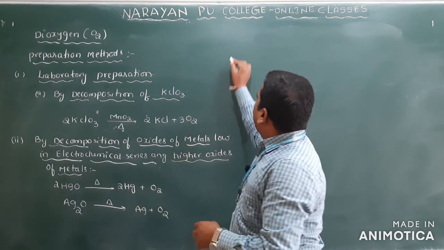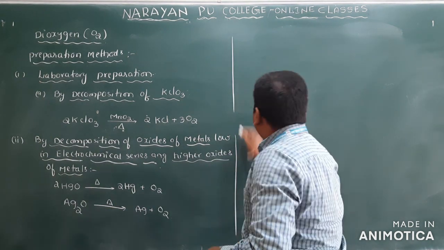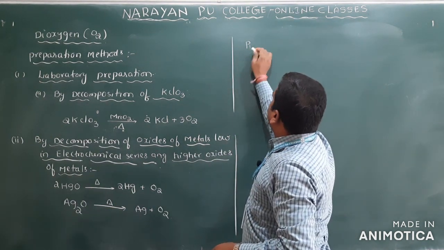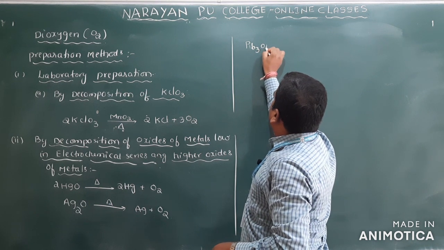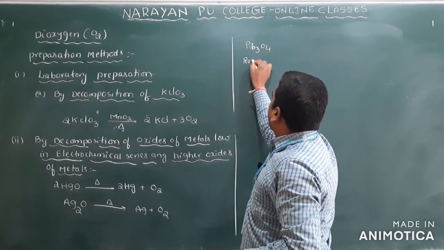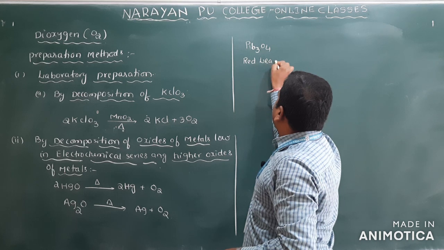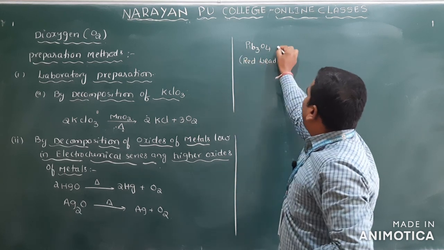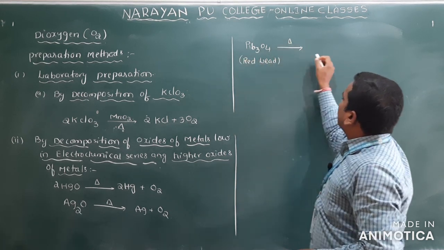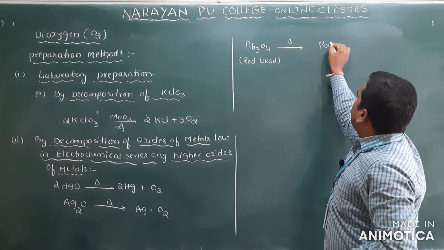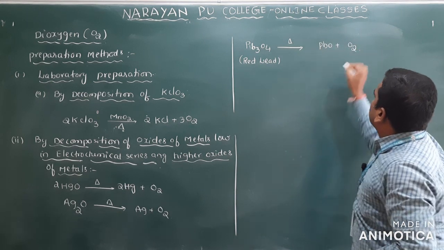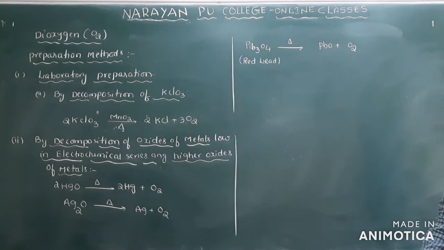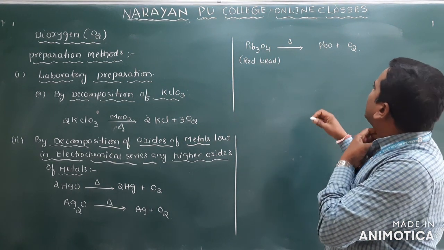And also you can take higher oxides like Pb3O4. This is also called red lead. Heat this, and you will get PbO plus oxygen. Now balance here.